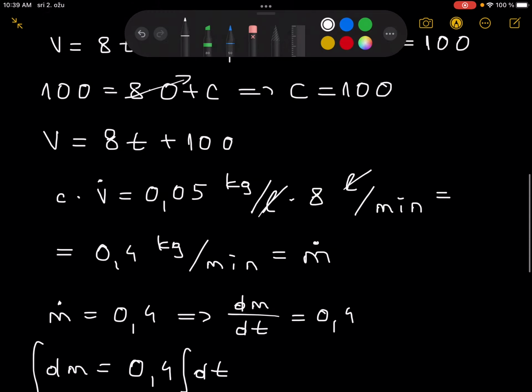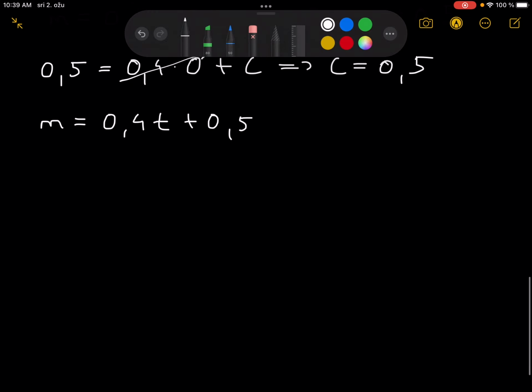Now that we know how the mass of the salt is changing and how the volume of the saline solution is changing, we can get how the concentration is changing with respect to time. The concentration at any given moment is equal to the mass of the salt at that moment over the volume of the solution at that moment.